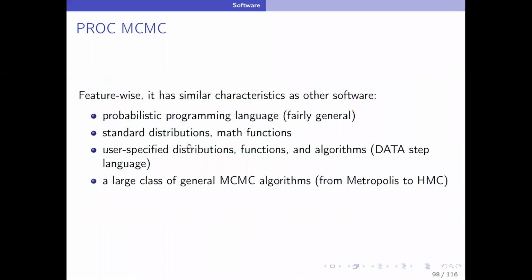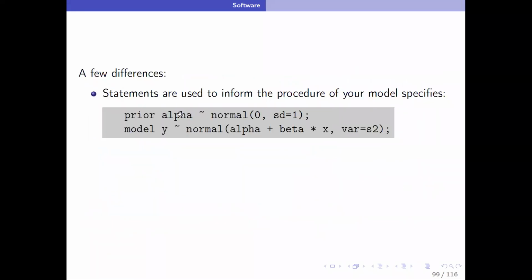So it supports what you would expect, standard math functions. You can specify your own distribution, functions and algorithms, and it has a large class of MCMC algorithms, from Metropolis to Hamiltonian Monte Carlo. Traditionally, in SAS land, you use statements to tell the procedure something, and that is what SAS users would expect.